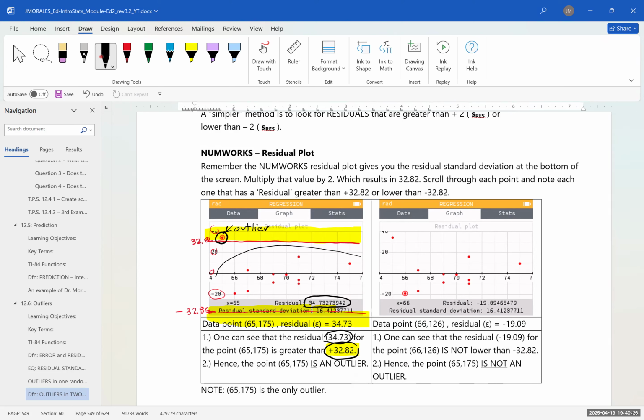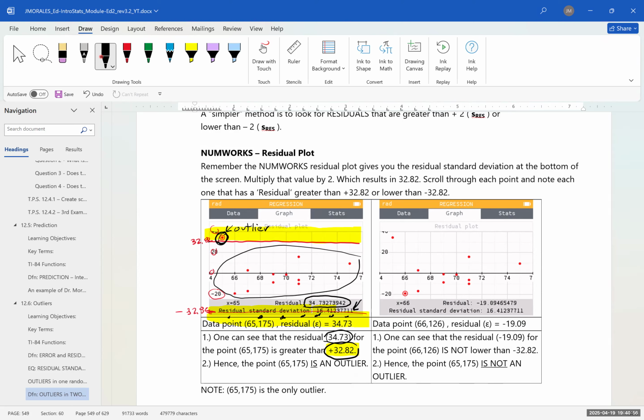All of these ones here are not. These ones are okay. And there's no data points out here below this lower outlier boundary. So you've got to double this number and check to see if these values are either greater than double that number or less than negative double that number. That's what you need to do to look for outliers.